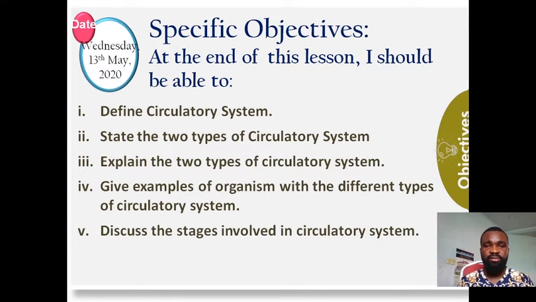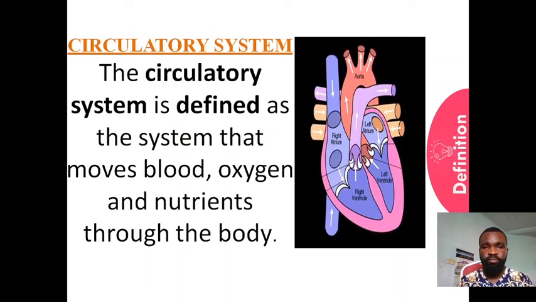You should be able to: one, define circulatory system; two, state the two types of circulatory system; three, explain the two types of circulatory system; four, give examples of organisms with the different types of circulatory system; five, discuss the stages involved in circulatory system. Objective number 5 will be your assignment to do. Okay, let's get into the lecture.